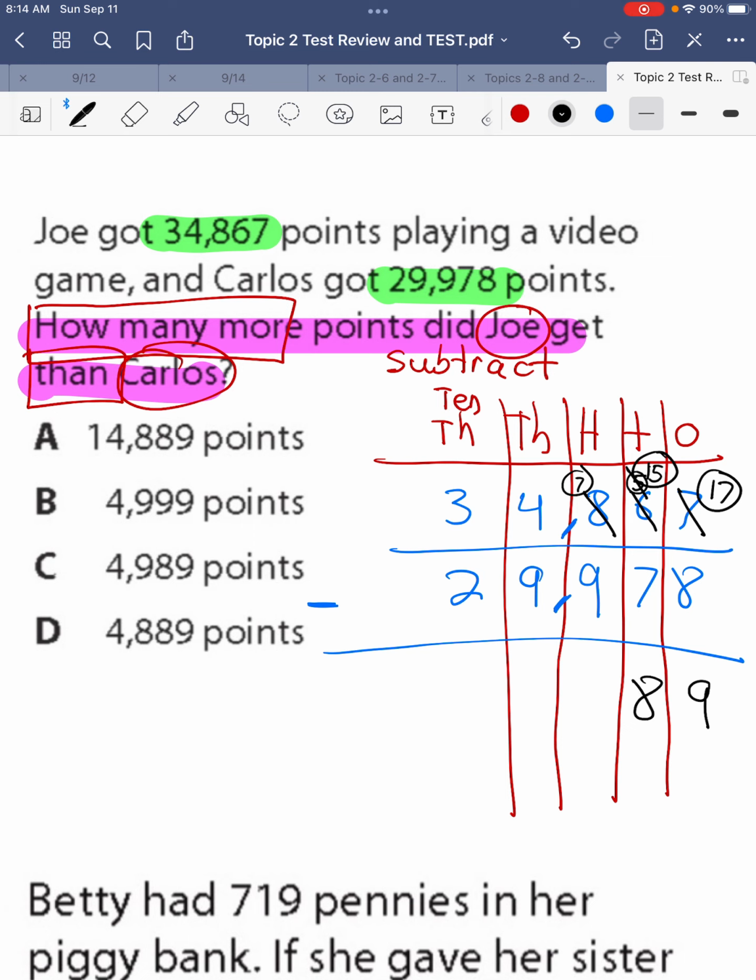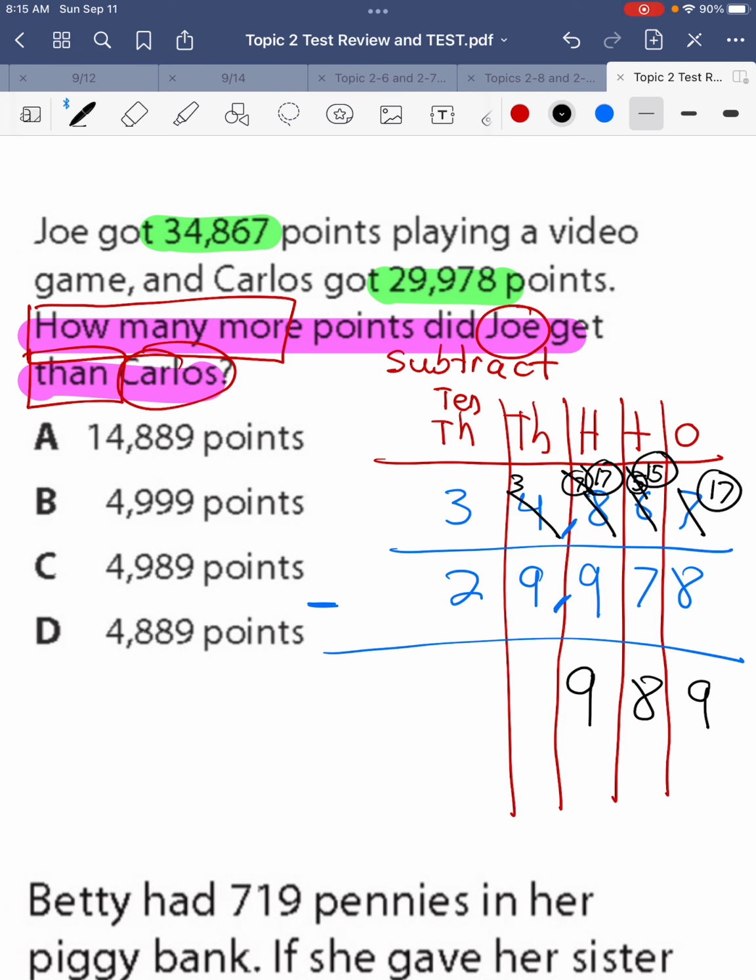Again, I cannot do 7 minus 9. Take away from the 4, it becomes a 3. The 7 becomes a 17. 17 minus 9 is 9. Okay. Next, I cannot do 3 minus 9.